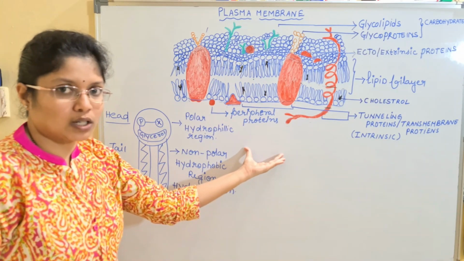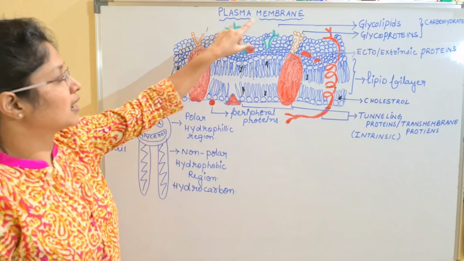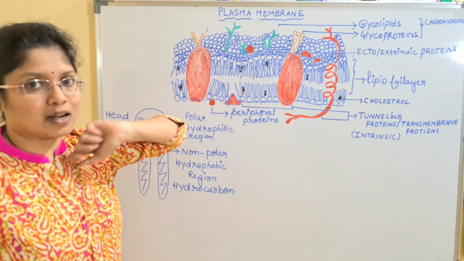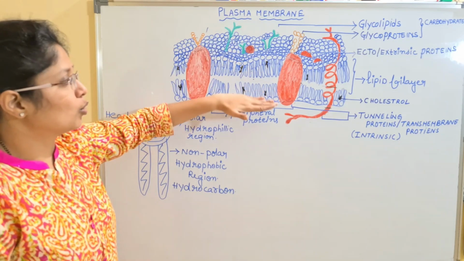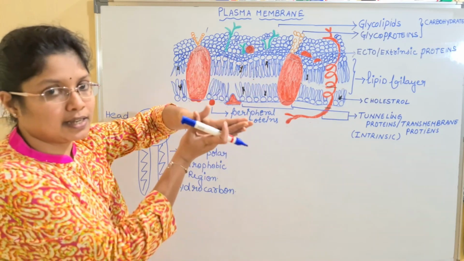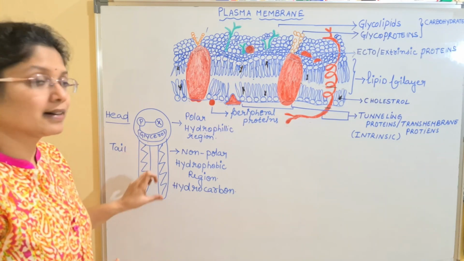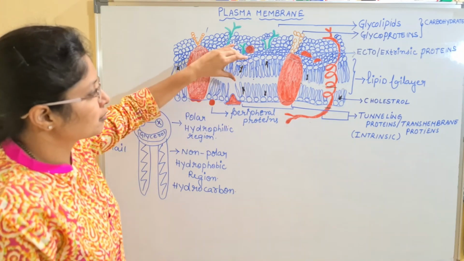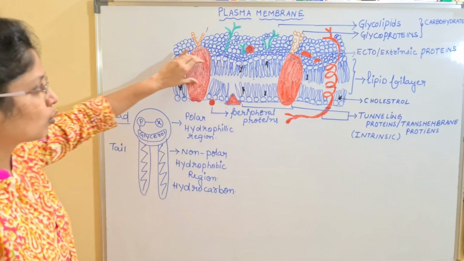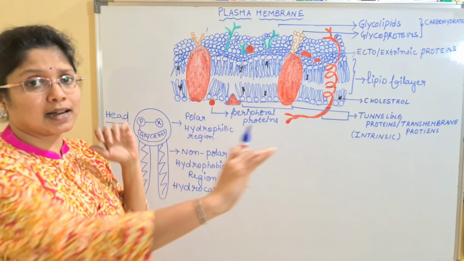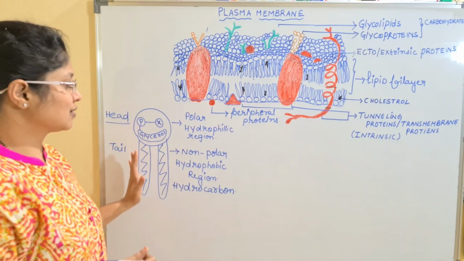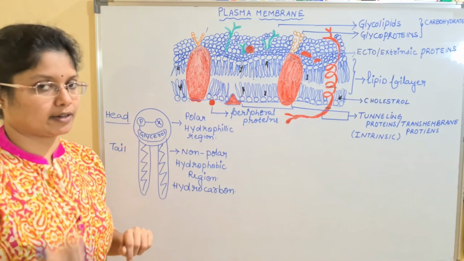Here we have the water, the cytoplasm, and the external cell environment is also made up of water. So both these polar regions are facing outside. Then what about the hydrophobic region, the tail region? They will be facing inside, forming a hydrophobic core inside the plasma membrane. So this is how the lipid molecules are oriented.